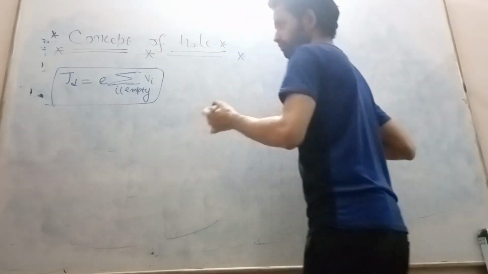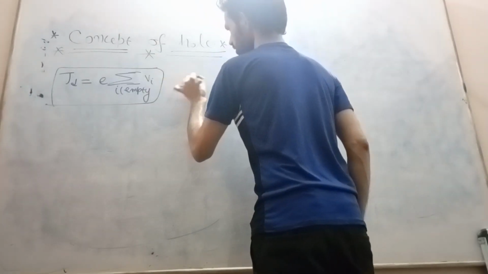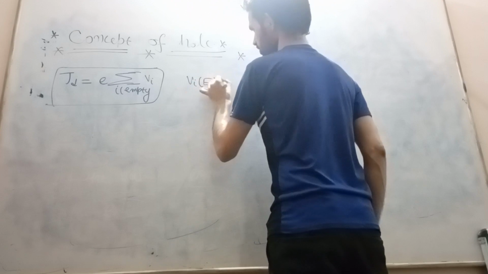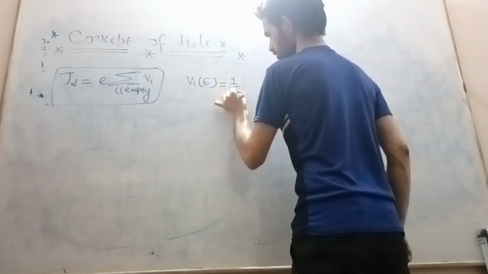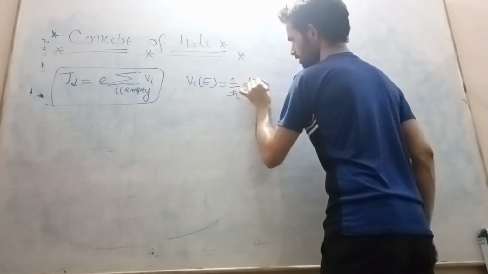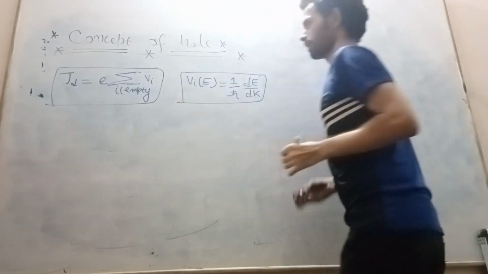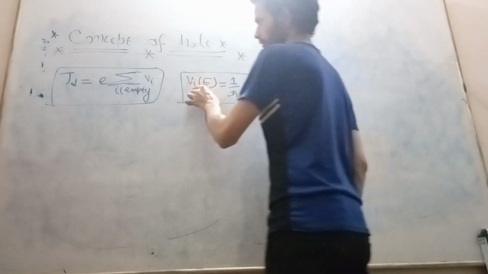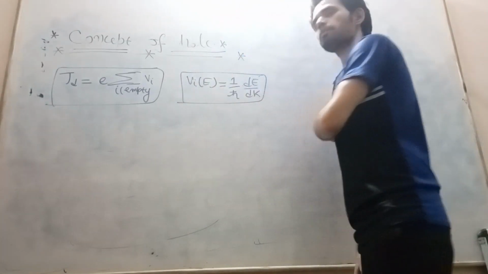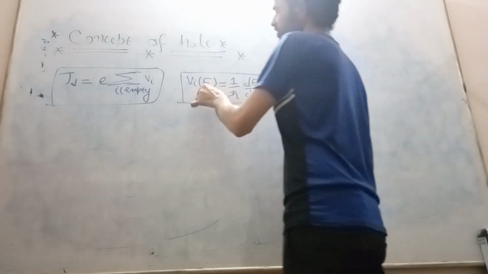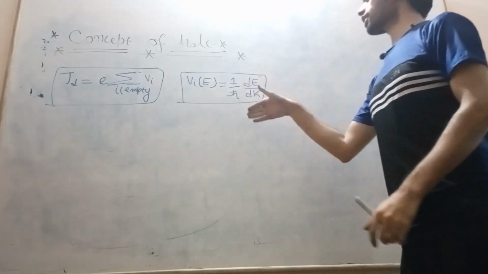Now see here, this v_i is a function of E, which is nothing but 1 by h-cut dE by dk. So v_i is the velocity of the particle, which is a function of energy, equal to 1 by h-cut dE by dk.